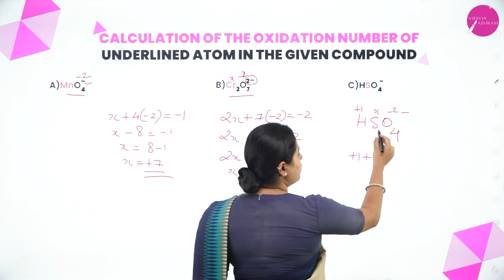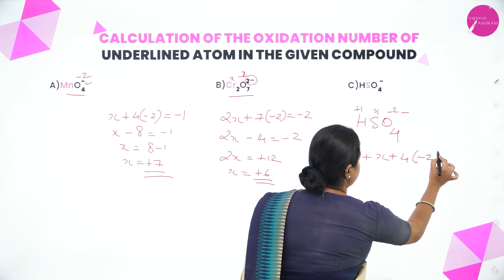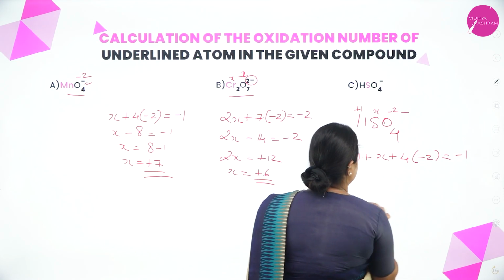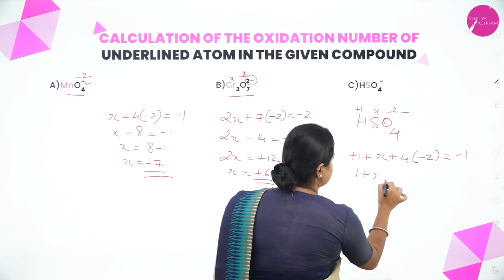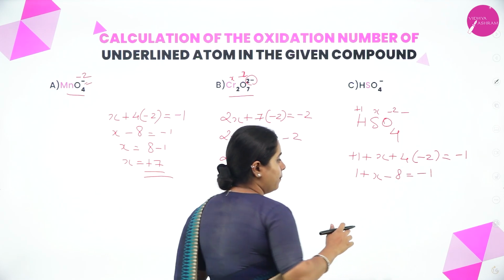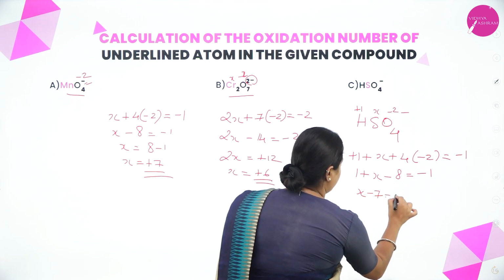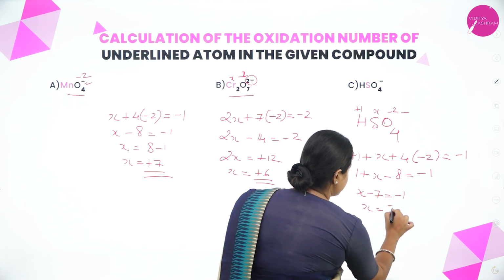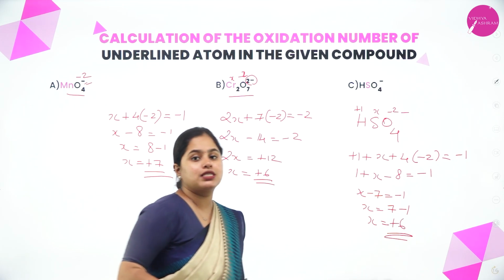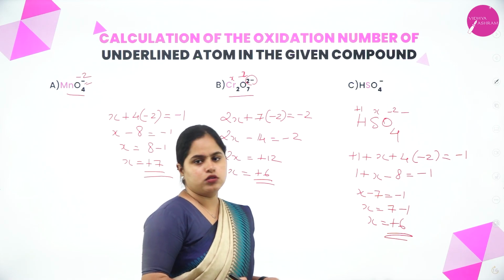And for oxygen there are 4 atoms, so 4 into minus 2. A 1 minus charge is there, so it is equal to minus 1. So 1 plus X, 4 into minus 2 is minus 8, is equal to minus 1. 1 minus 8 is minus 7, right? X minus 7 will be equal to minus 1. X is equal to 7 minus 1 and X is equal to plus 6. So the oxidation number of sulfur in HSO4 minus is also plus 6.